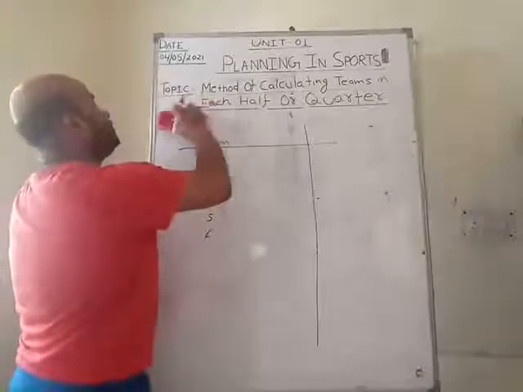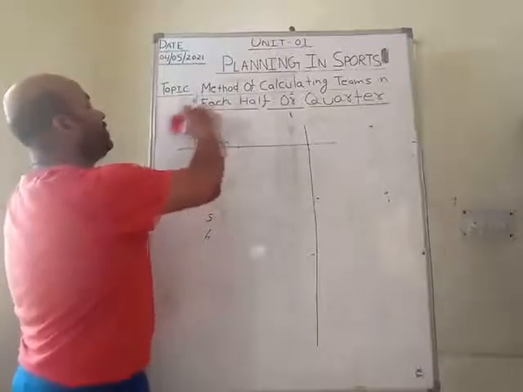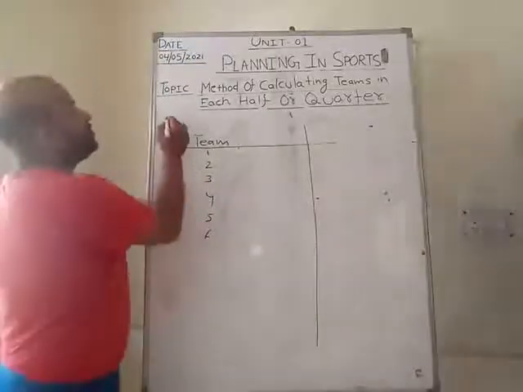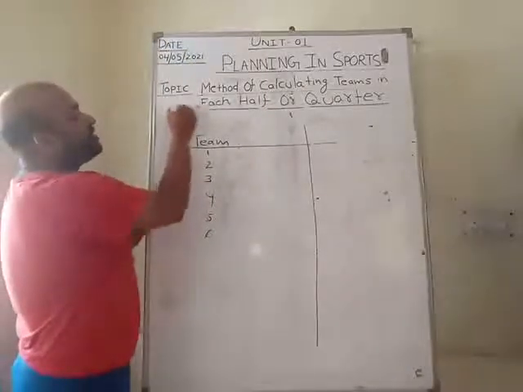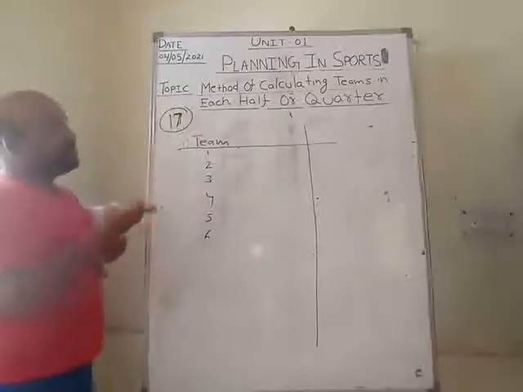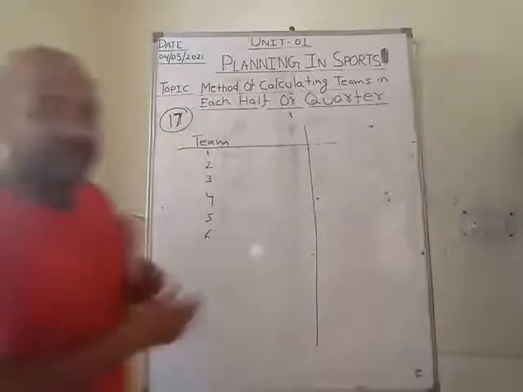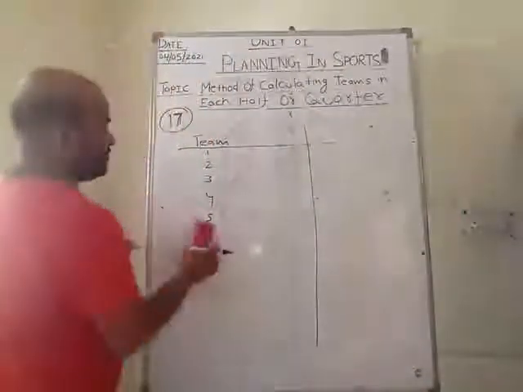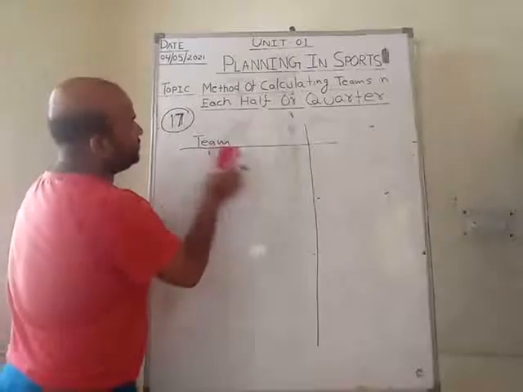17 teams. Suppose for the upper half and lower half, this is a potential point. So I will give you 17 teams. So write down first 17 teams on the draw page, draw the picture page.